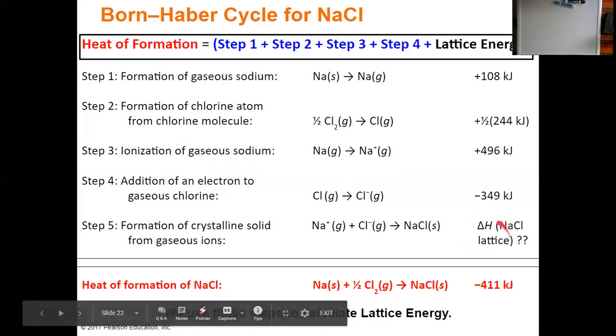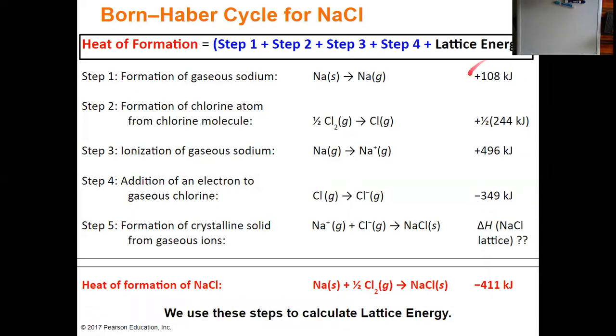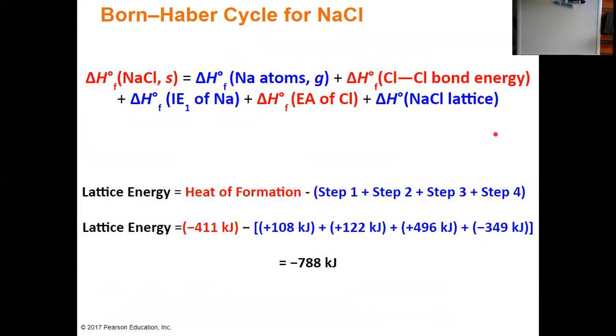And that lattice energy is something that we can determine based on the heat of formation of sodium chloride, which we can get from those standard heats of formation values that we looked at in chapter 6. And then we're going to take into consideration our steps 1 through 4, each of those steps, and then we can solve for our lattice energy.